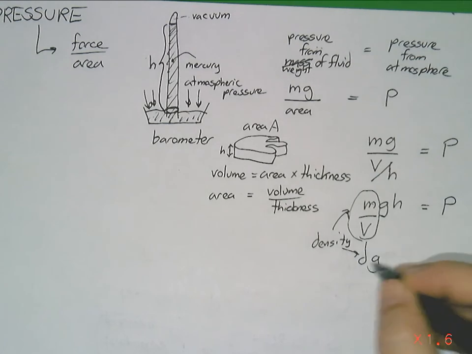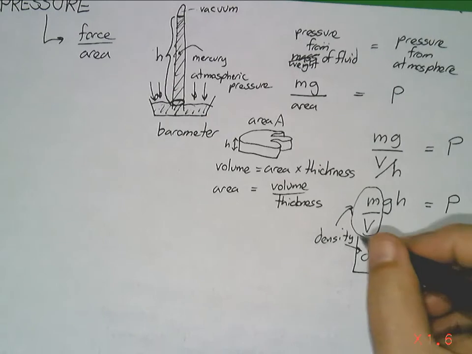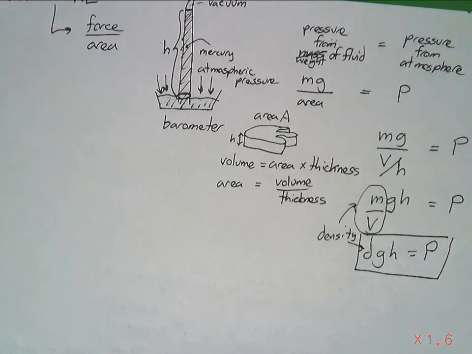So I could write dgh equals P. And this is very convenient. I'm going to put a box around this. This relates the atmospheric pressure to the height of the fluid column that I have right here. And it will also let me calculate the pressure exerted by a column of fluid in other problems.